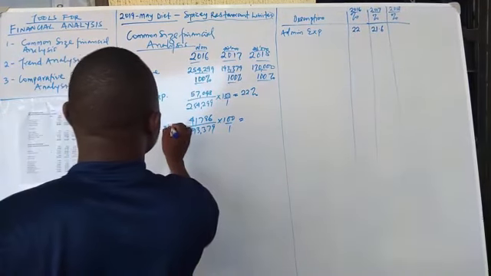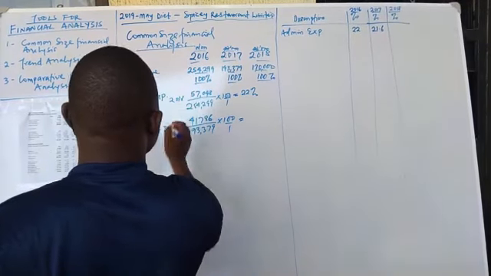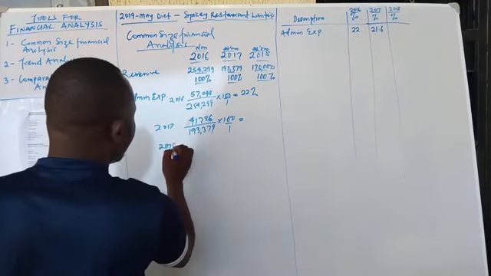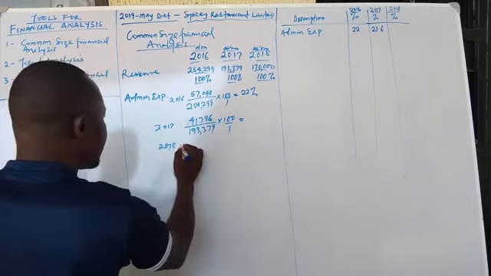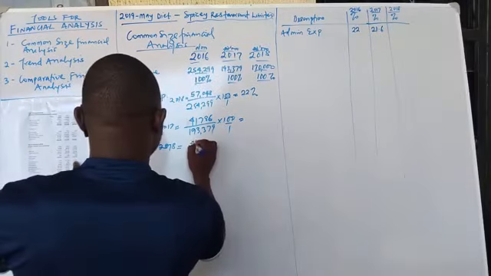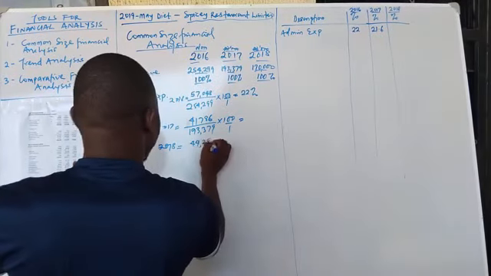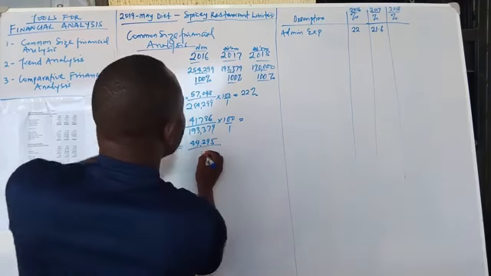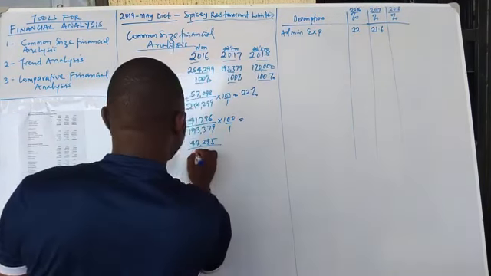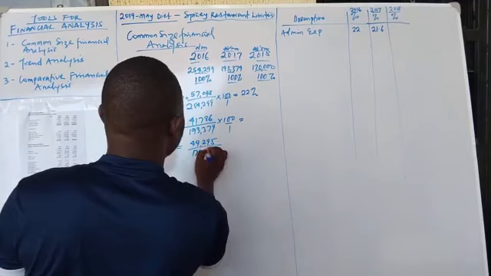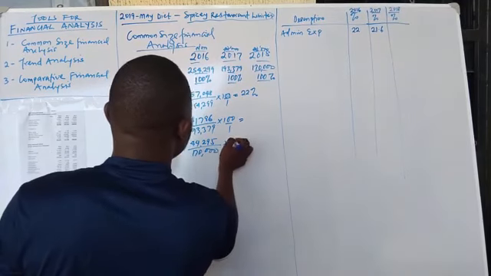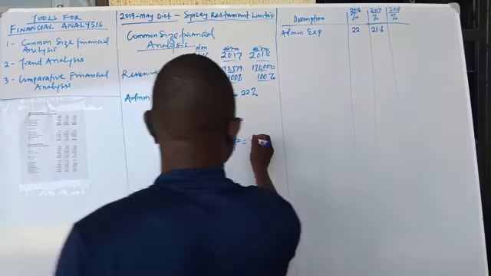This is 2017, this is 2016, and we'll look at 2018 now. For 2018 admin expenses, we have 44,295 divided by the total revenue for the year, which is 170,000, multiplied by 100 all over 1. What figure did it give you? 26.